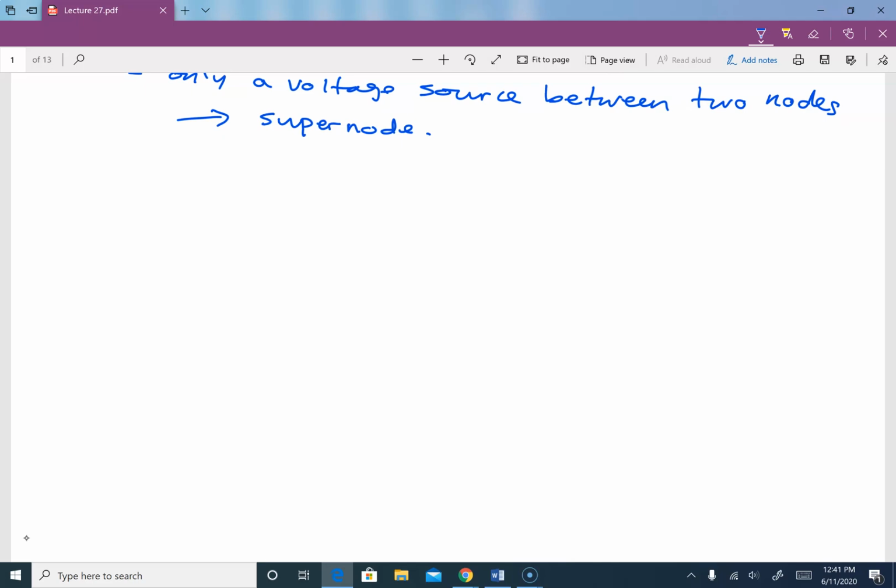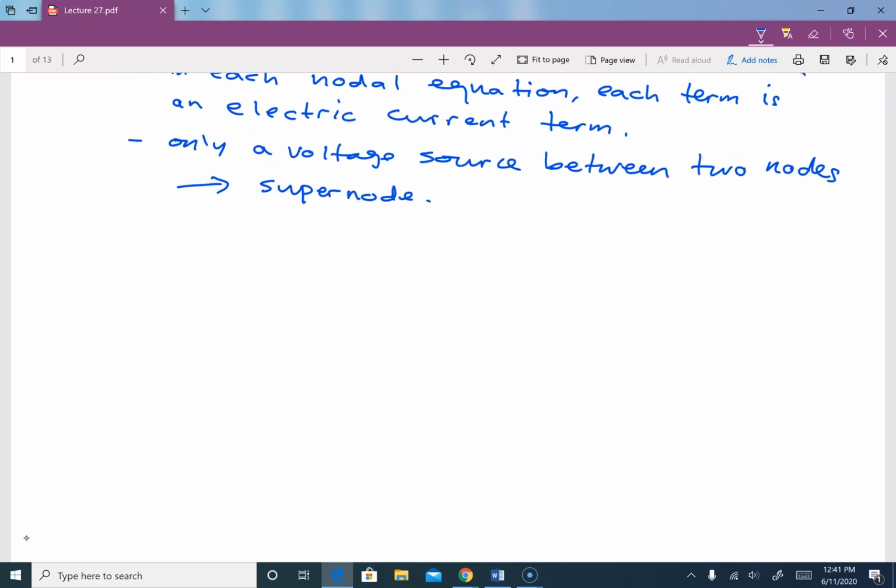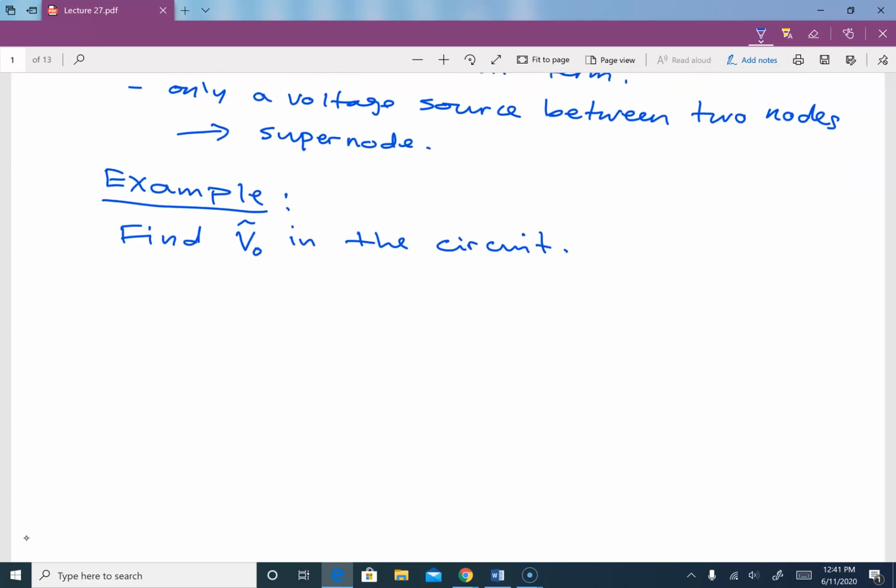So let us go over an example to show you the nodal analysis technique. We would like to find V naught, which is a phasor in the circuit. Our circuit has a source of 12 with angle 0 volts.